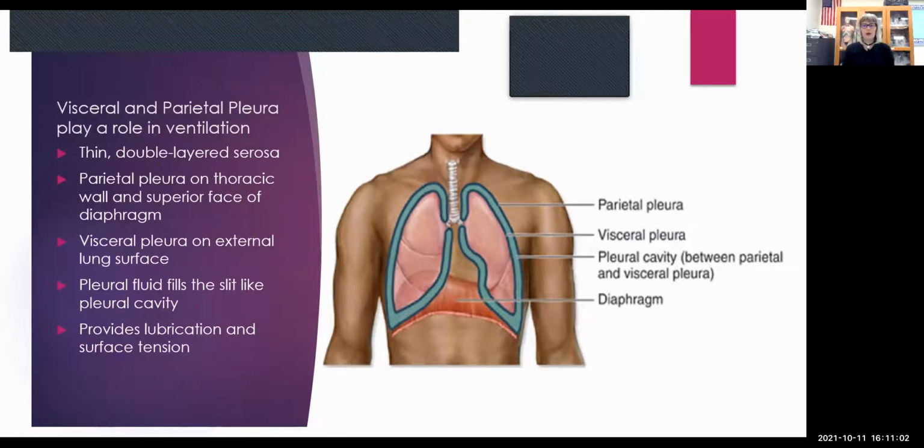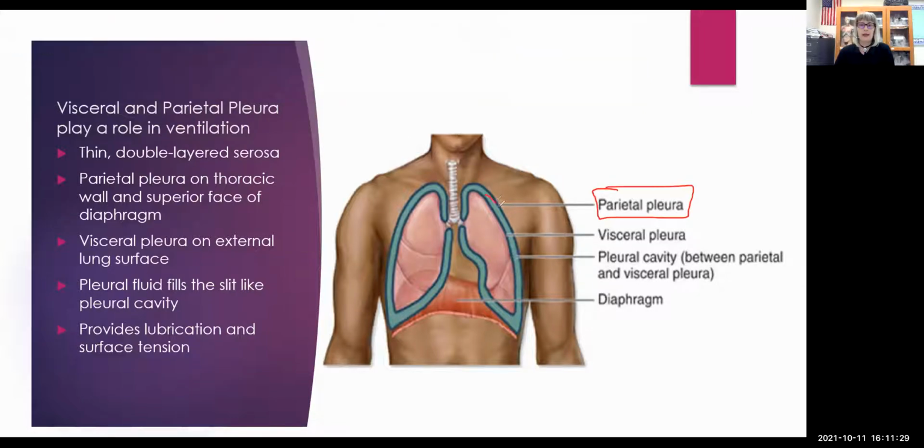Now all of this is also related to the pressure between the lung and the cavity. The cavity itself is the left and the right pleural cavity. The lining that covers the cavity is called the parietal pleura, and it lines the cavity. Let me draw that out for you.